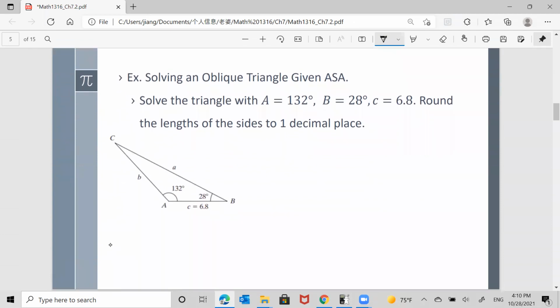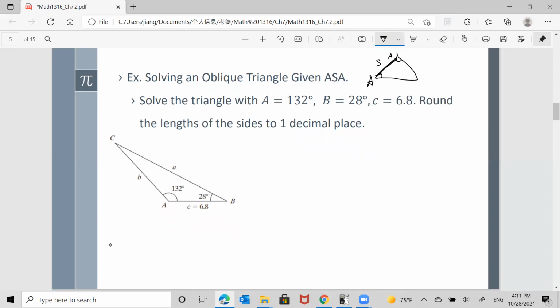Okay, let's see solving an oblique triangle given ASA. That's if I have side a as the side in the middle between the two angles. So the triangle is A equals 132 degrees, B equals 28, c equals 6.8.